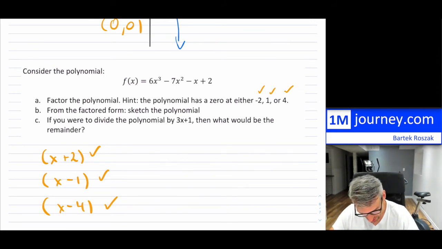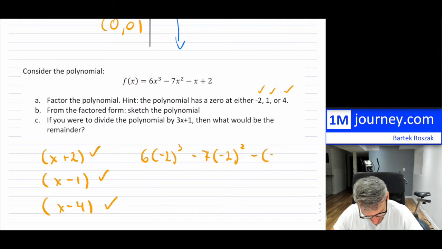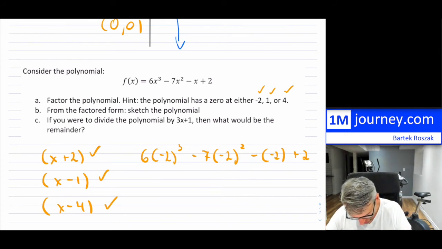So let's take a look and see what happens. If I substitute -2, what am I going to get? Because if I substitute, it should give me the remainder. This doesn't mean that it's going to be quick in any way. So 6 is going to be negative.